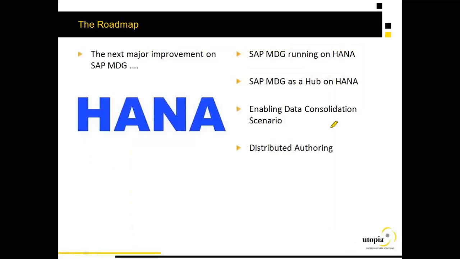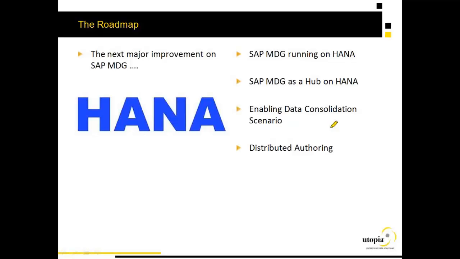But here's the big announcement. So the next major improvement on SAP MDG is that it will be running on HANA. This will give you record performance time, access, and an integration to SAP in a real-time environment. And MDG running on HANA can be running directly on HANA or running as a hub on HANA.